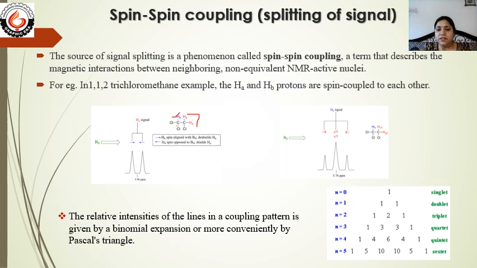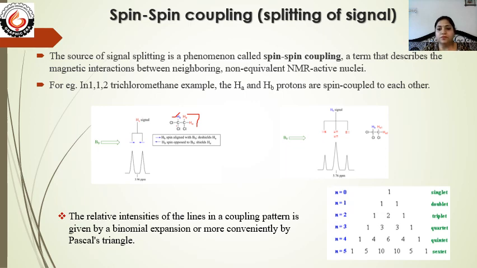That means the signal is split into three because the neighboring site has two hydrogens. Check the structure carefully: HB has two neighboring HA, so the signal of HB will be split into three. Similarly, HA has one neighboring hydrogen, HB, so the signal of HA will be split into two.